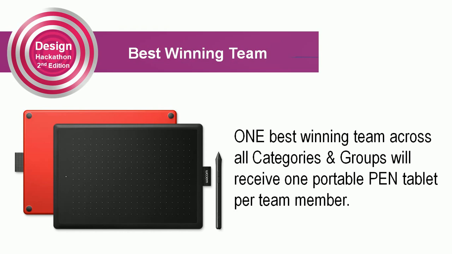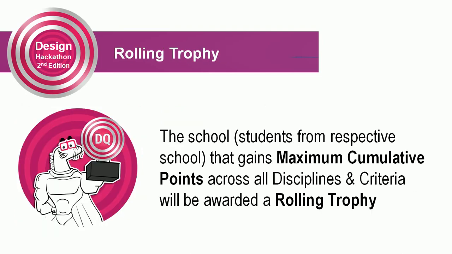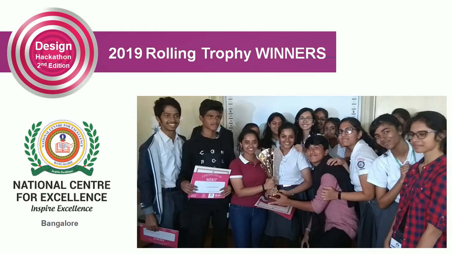Each of you will get a pen tablet, and of course all the winning team members will receive Staedtler's color pencil set and a mechanical pencil along with refills. And the school that gains maximum cumulative points will be taking home the rolling trophy. The 2019 rolling trophy winners were National Center for Excellence, a school in Bangalore. Congratulations, guys, and let us see who is going to win this rolling trophy this year.